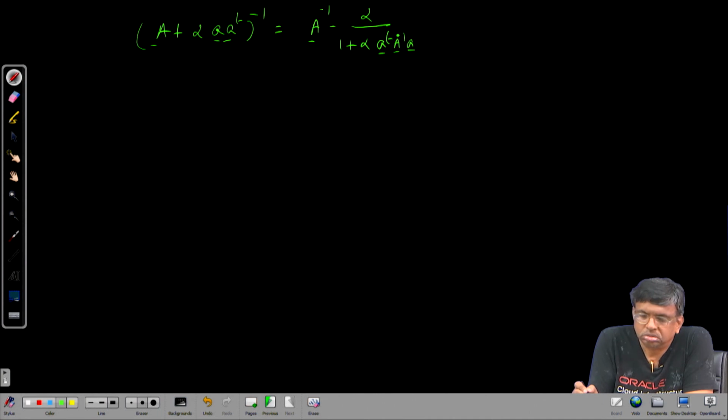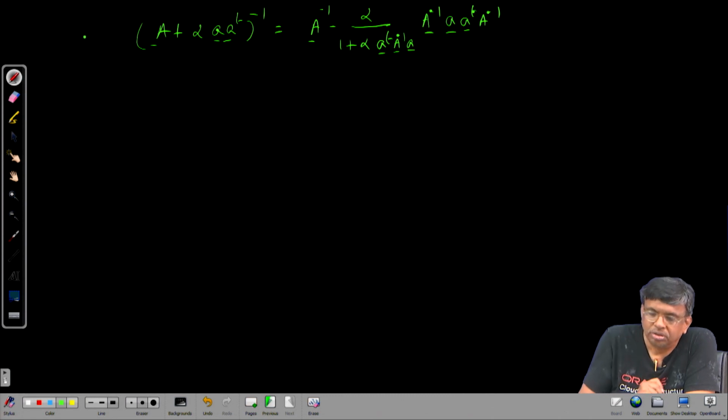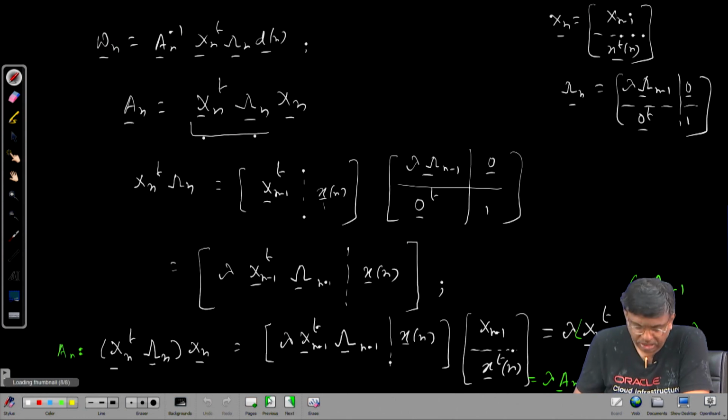Times this is what we have derived, and now we have got in the previous page A n equal to lambda times A n minus 1 plus x n x transpose n. All right.